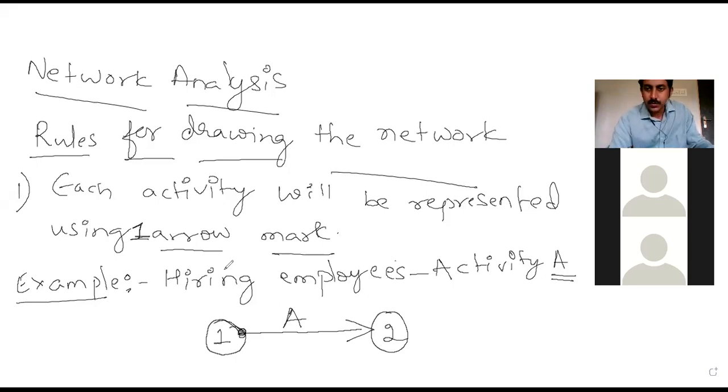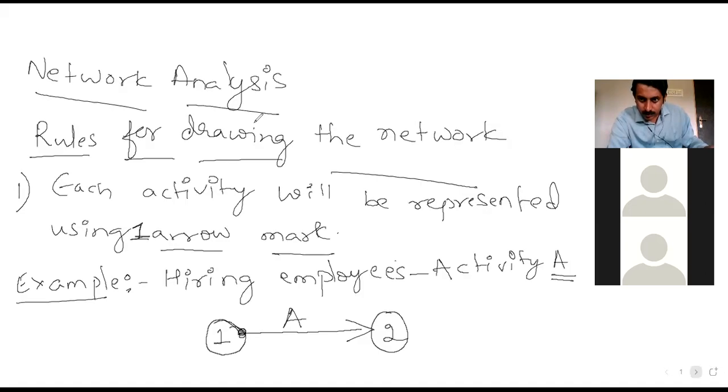So this is how we actually represent one of the activities. I expect that everyone has made note of this. Each and every activity is represented using one arrow mark. So this is the first rule. We'll go for the second one.